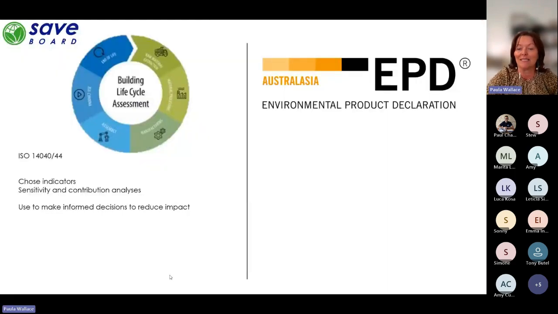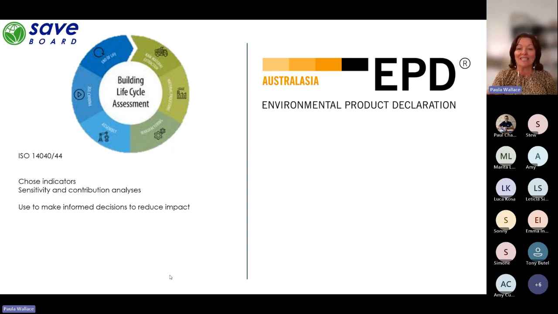a life cycle assessment. What is it? So a life cycle assessment evaluates the environmental impact of a product. Practitioners producing a life cycle assessment do work to an ISO set of standards. However, within those standards, the core indicators can be selected according to the information that a business wants to know.